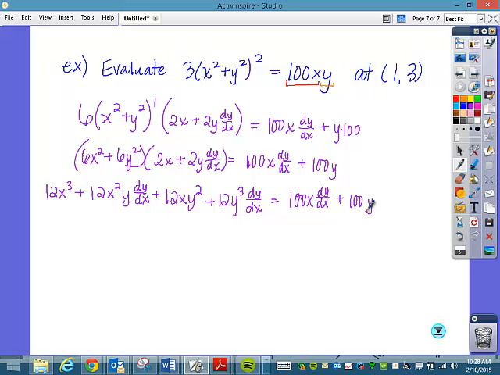Okay, so this is the part where we want to get everything that has a dy dx on the one side, everything that doesn't have a dy dx on the other side. So I'm going to keep these two terms on the left side. So that means I'm going to subtract 12x cubed from both sides. And I'm going to subtract 12xy squared from both sides.